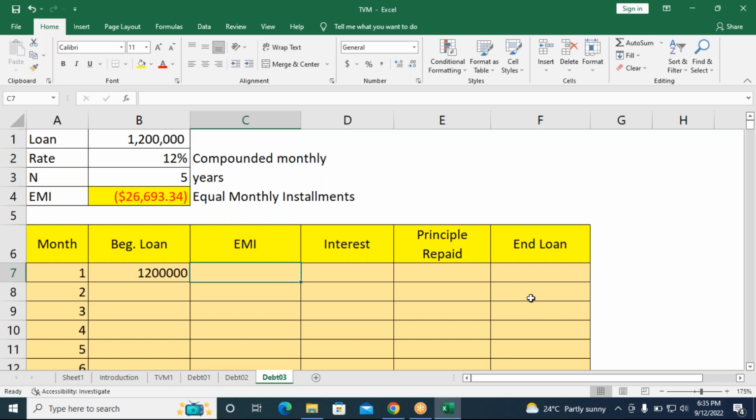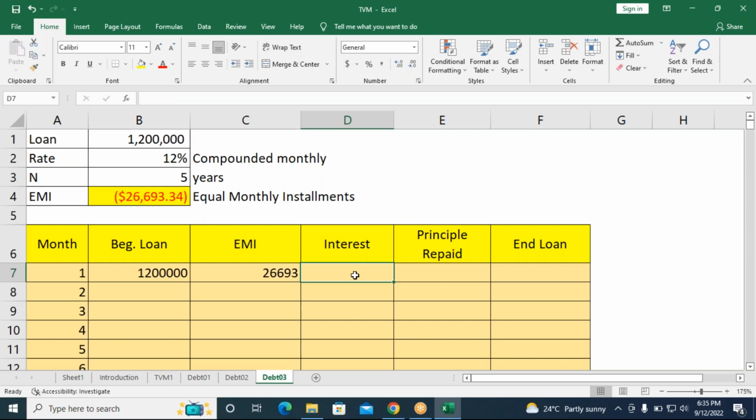Is equal to ABS. What does ABS stand for? Absolute function, which will convert the negative into the positive value. Open the parenthesis and select this EMI value. Close the parenthesis, enter. So here I have got it in decimal. If you want, you can keep it like that, or you can remove it. For better understanding, I'll just remove this. Okay. So this is my EMI amount, which I am paying.